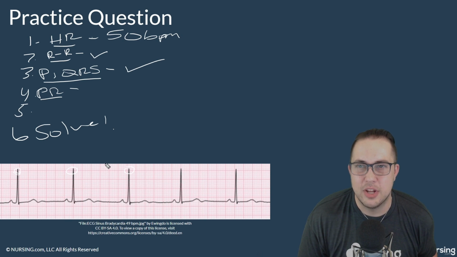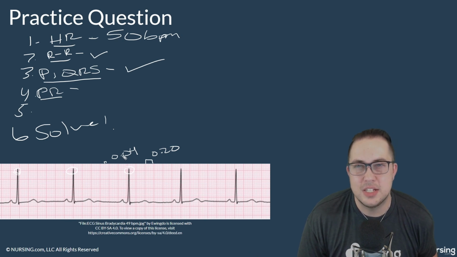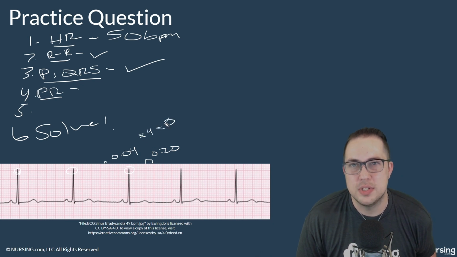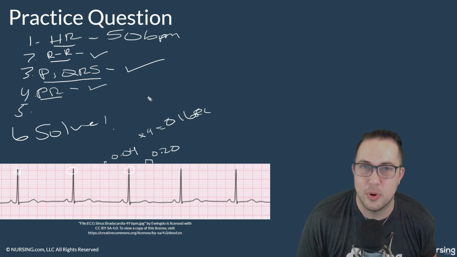Remember, one little individual square here is 0.04 seconds, and one larger square is 0.20 seconds. So we have 1, 2, 3, 4 little squares. 0.04 times 4 is going to equal 0.16 seconds, which is normal between 0.12 and 0.20.